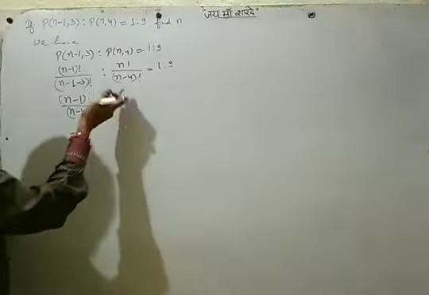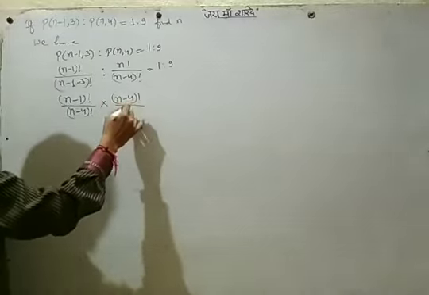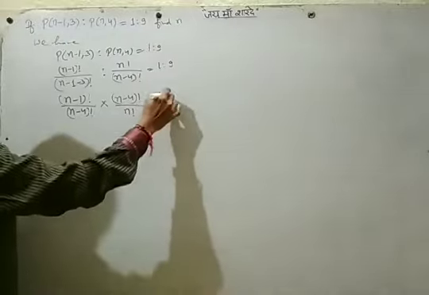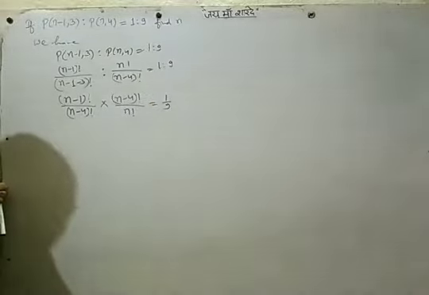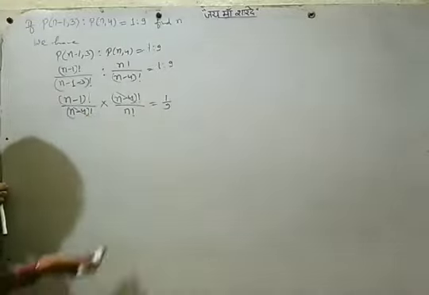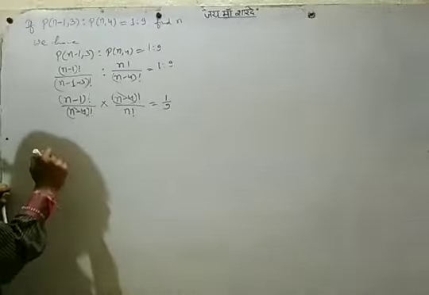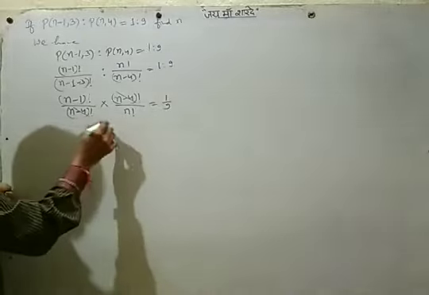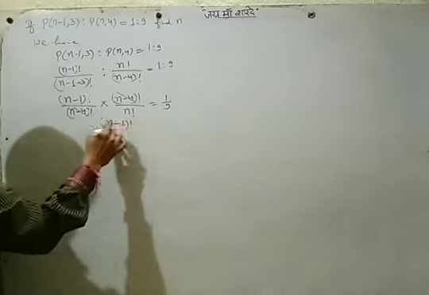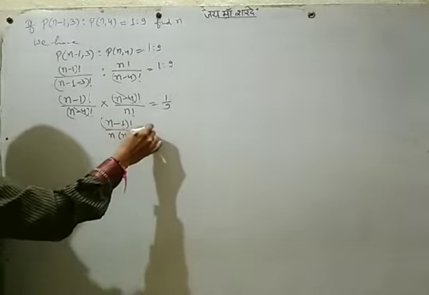Upon this, so it will be reversed, its reciprocal, and this is 1 by 9. These are the same numbers, n minus 4 factorial, so they cancel out, and from n minus 1 factorial and n, n is greater than n minus 1, so we expand n factorial as n into (n minus 1) factorial.